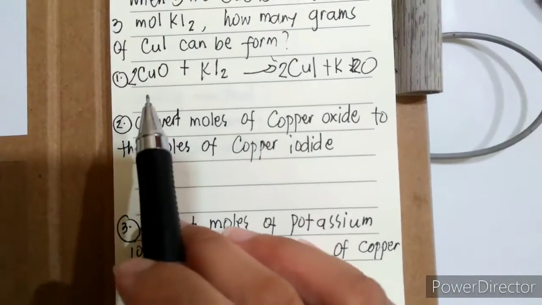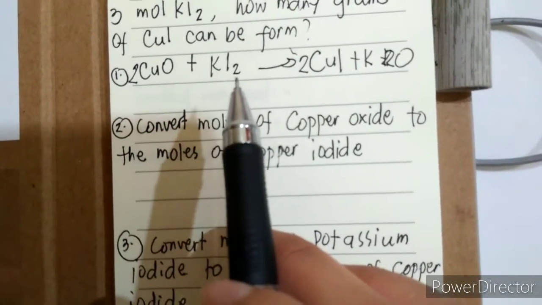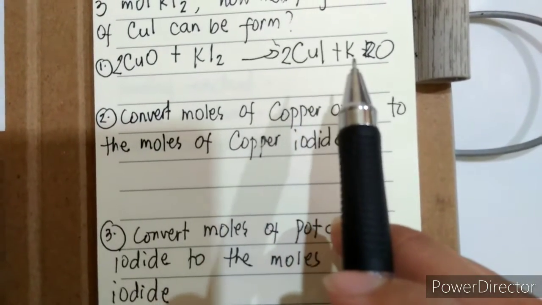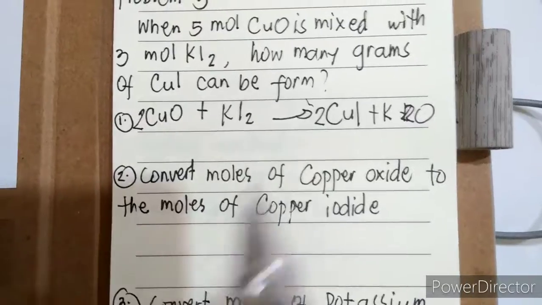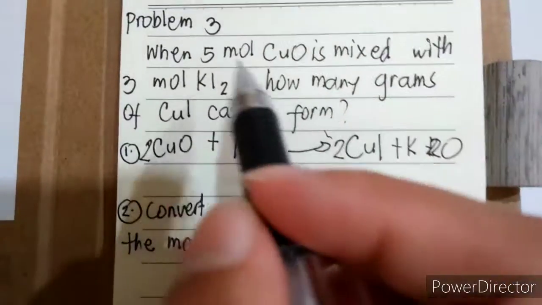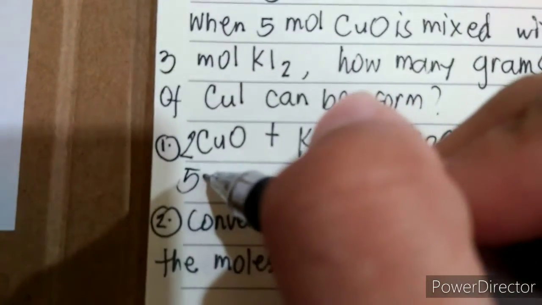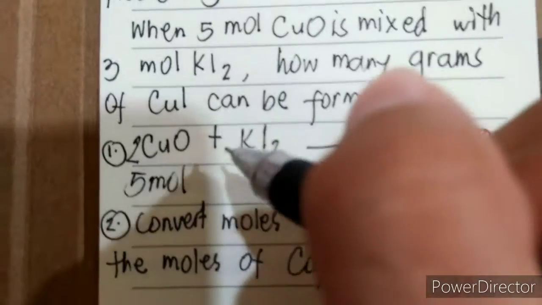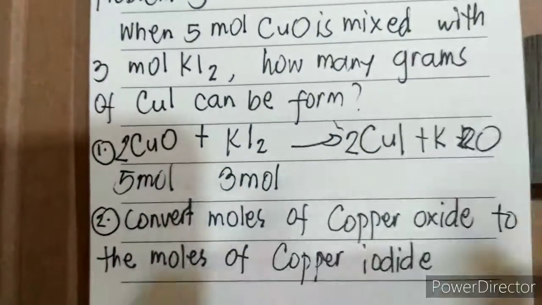So in here we have 2 copper, 2 oxygen, and then 1 potassium, 2 iodine, and in here we have also 2 copper, 2 iodine, and 1 potassium, and then 2 oxygen. So next step, we need to put the moles here. So in the given, we have 5 moles of CuO. And for the KI, we have 3 moles. And what is asked is the CuI.